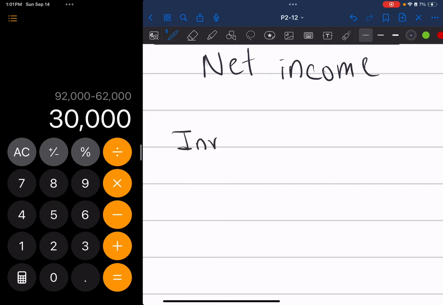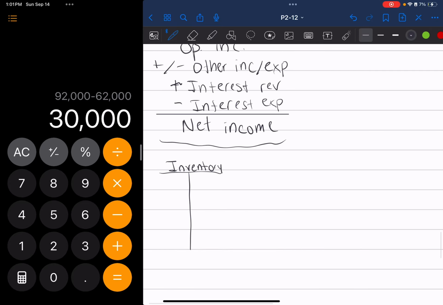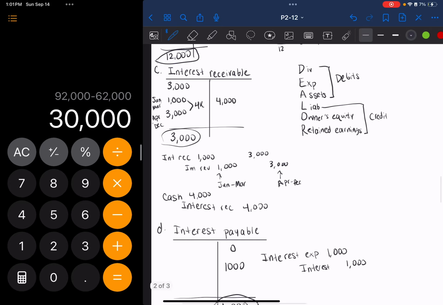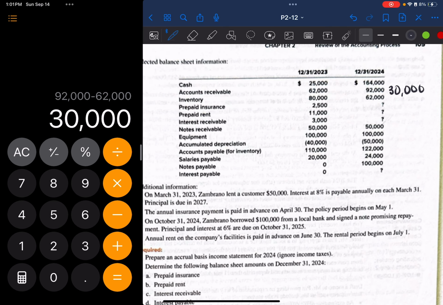I like doing a T account, so I'm going to do a T account under the income statement. So the inventory T account is going to be like this, and we're given that inventory has a beginning balance of 80,000, ending at 62,000.